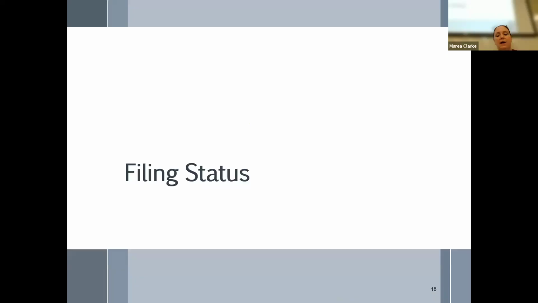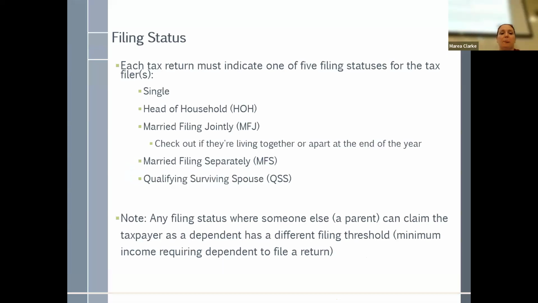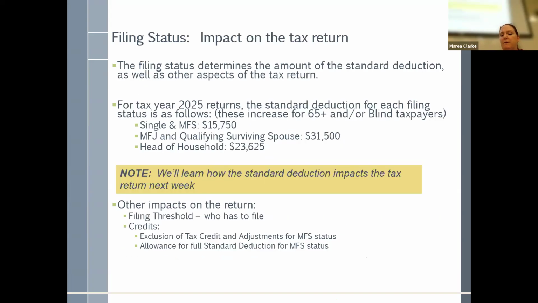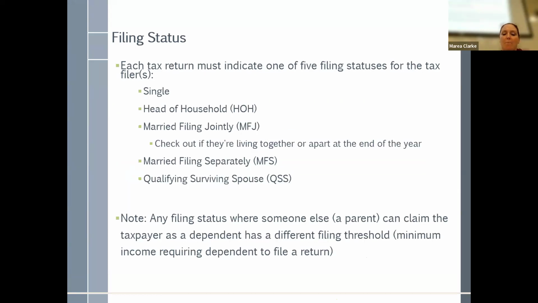All right, let's talk about filing status. There are 5 filing status categories for taxpayers. They can be single, head of household, married filing jointly, and it matters whether they're living together or apart, married filing separately, and then qualifying surviving spouse.